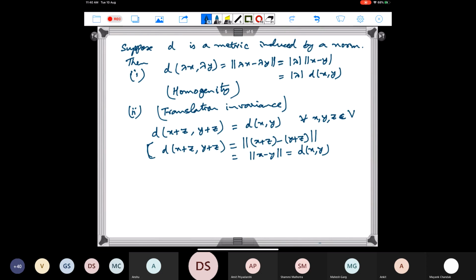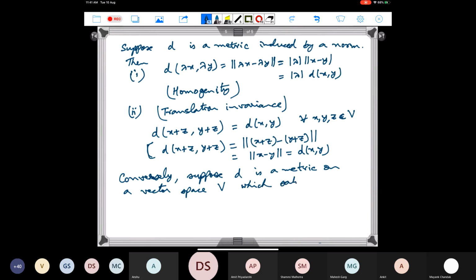So conversely, suppose D is a metric on a vector space V, which satisfies one and two.